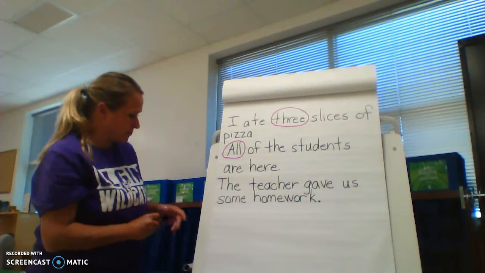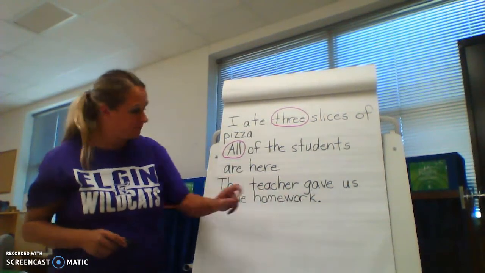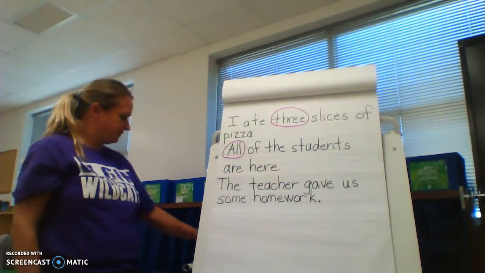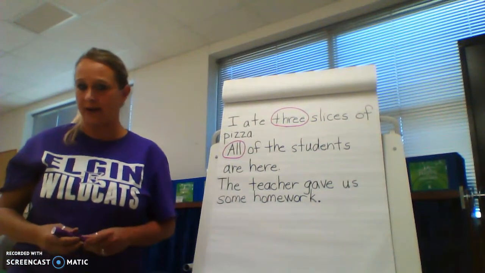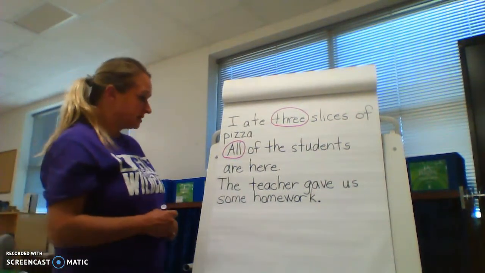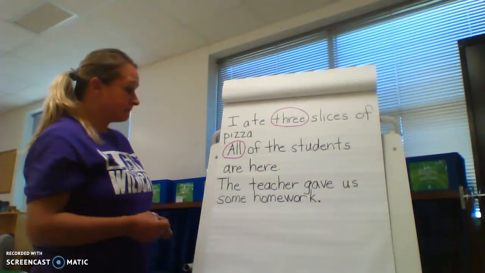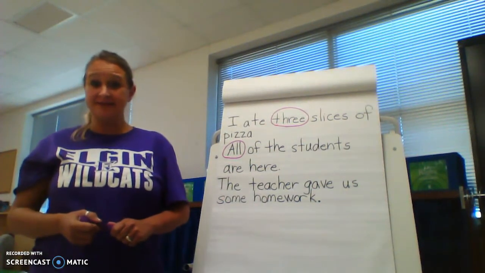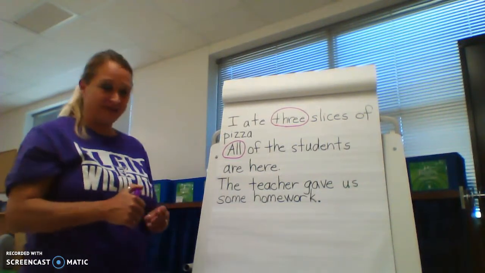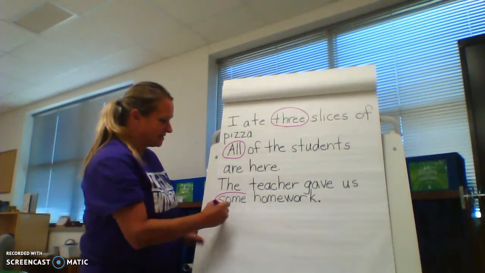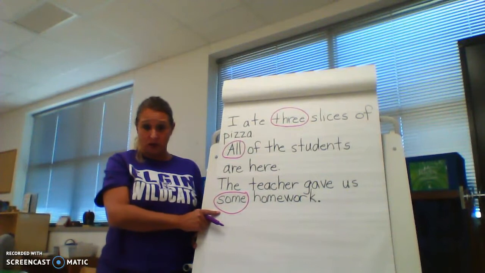Now, I remembered my capital. I remembered my period. And I have an adjective in there somewhere that tells us how much homework the teacher gave us. So how much homework did the teacher give us? Did she give us a lot? Did she give us a little? No, she gave us some homework. Some is my adjective for quantity.